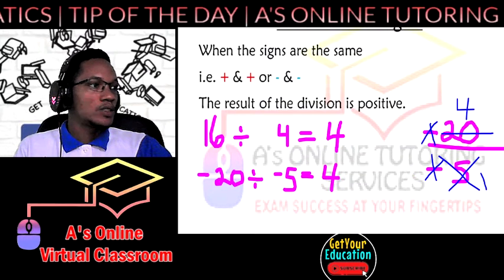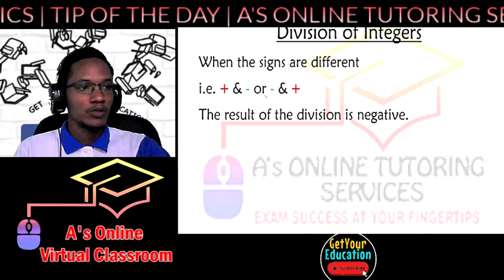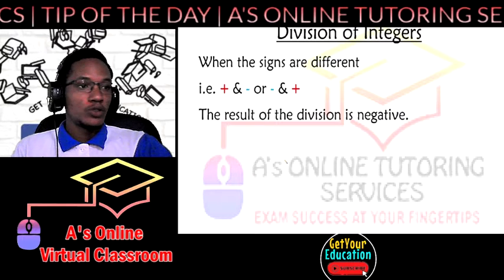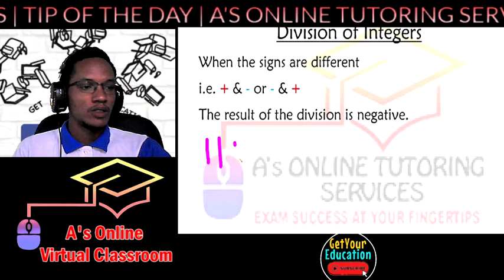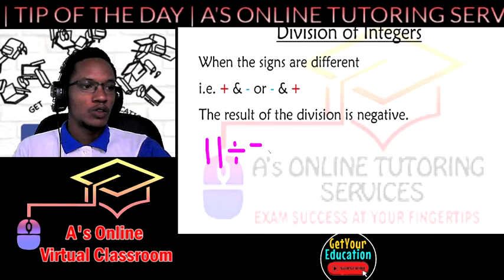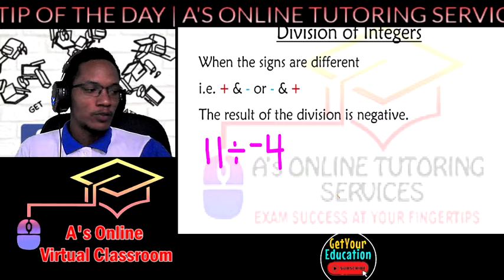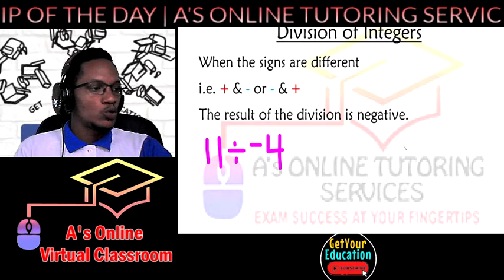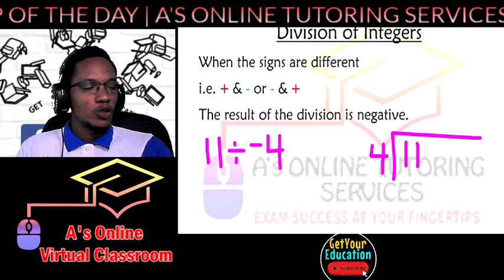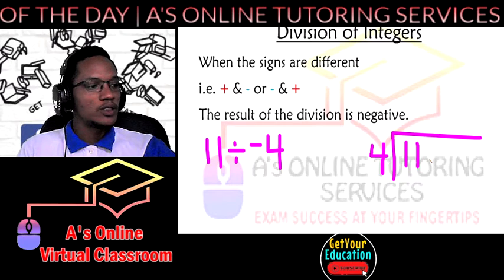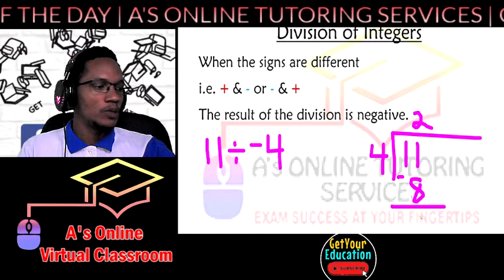When the signs are different, so if we have a positive and a negative, or a negative and a positive, I'll show you with a number like positive 11 divided by negative 4. It doesn't only work with factors or multiples. We can do 11 divided by 4 like normal. 4 into 11 is 2. 4 2s are 8, so we're going to get a remainder here.